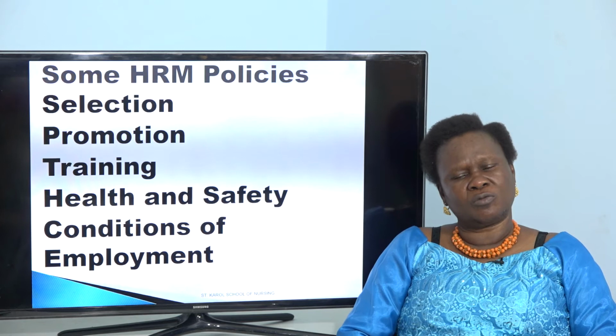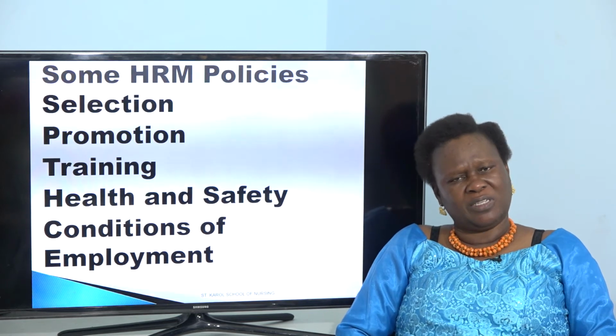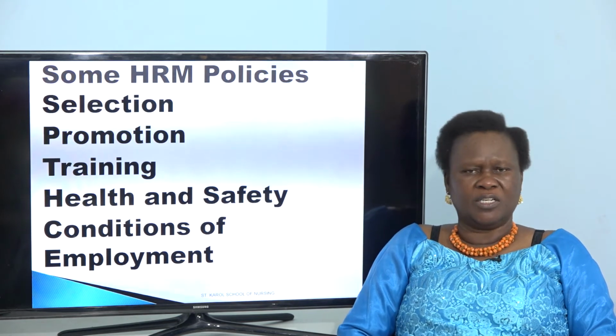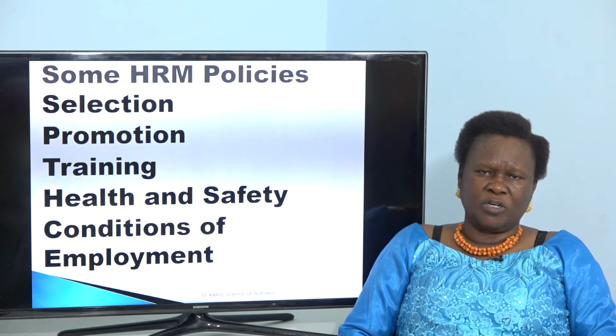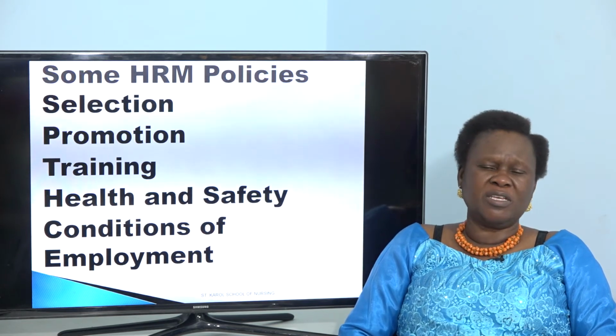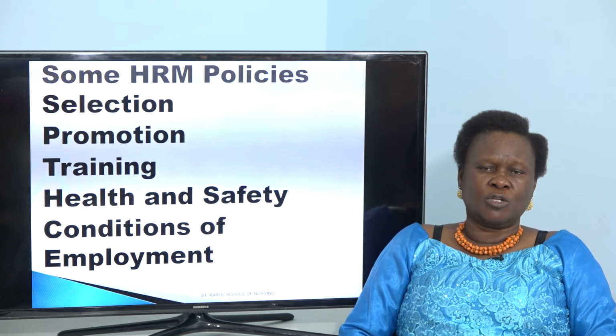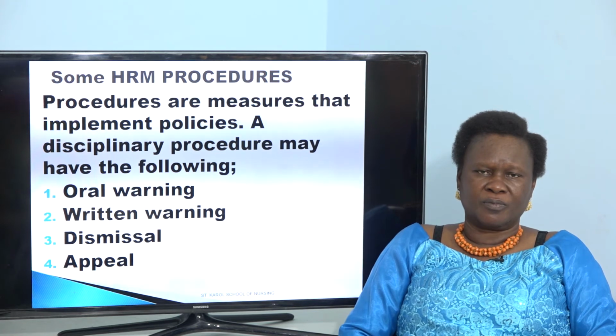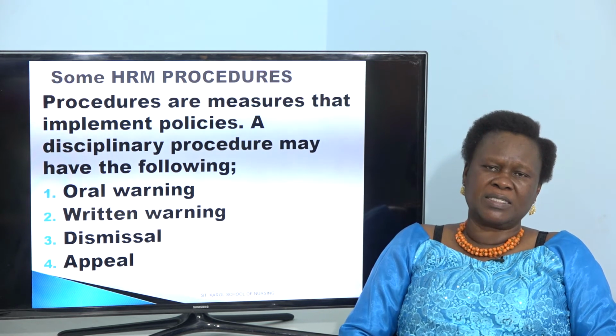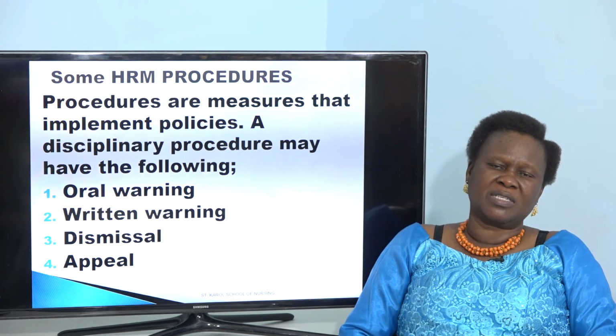Human resource thrives on policies. So we have selection policy, promotion policy, training policy, health and safety policy, condition of employment policy. All these are written out and set out to ensure fairness to all players. Human resource procedures are also measures that implement the policies that are set out.